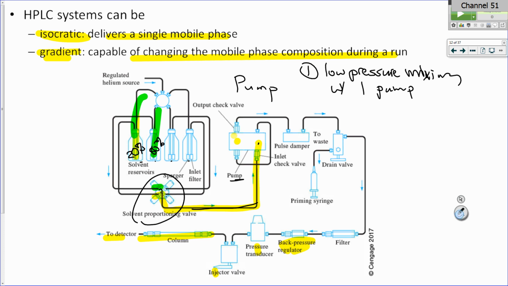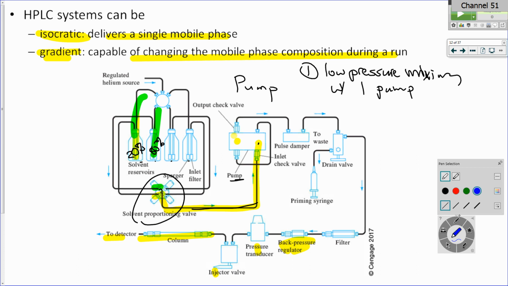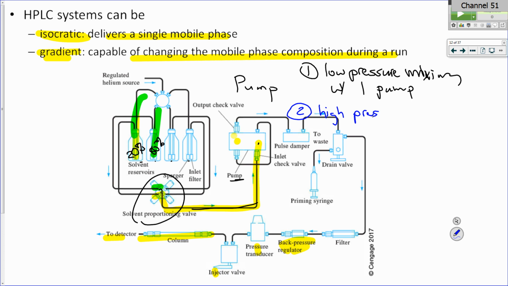So a more high performance option, or say the Cadillac model, or the Lincoln Continental, depending on what your preference is, the BMW version, is high pressure mixing. What high pressure mixing does is it uses multiple pumps and controls the flow rate of each pump independently. So our system has 2 pumps.